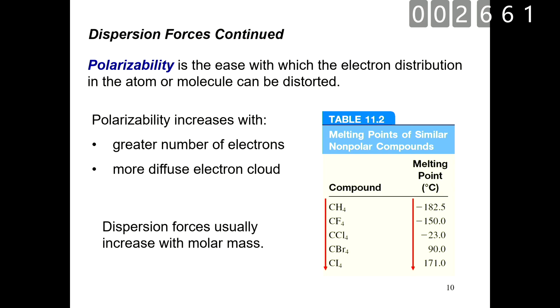Iodine is larger than bromine and chlorine. The number of electrons also increases, so the polarizability increases.